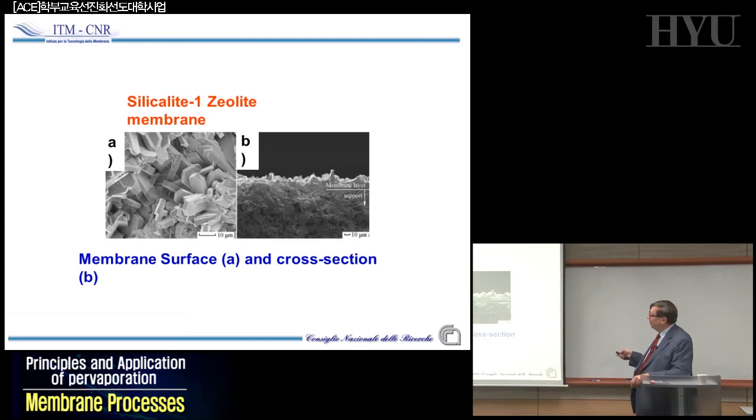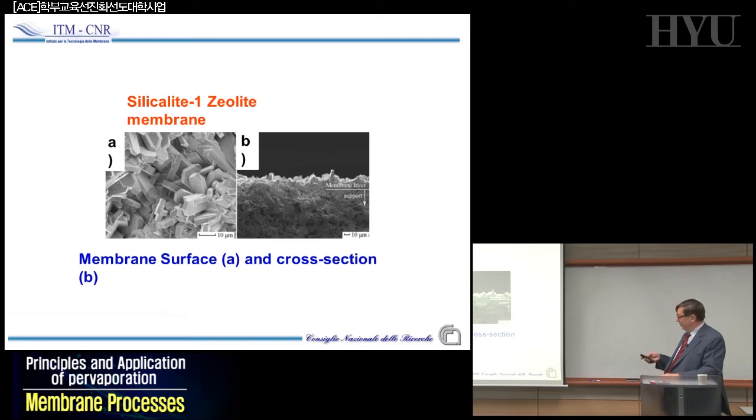The less regular ones you see here are about 5, 6 microns. There are 2 or 3, 4 microns quite dense, and on the surface there is a very high level of roughness. Obviously, some crystals are not, but this is an asymmetric system with most of the support very porous, and this kind of structure is inducing interesting selectivity, alcohol-water for example, to the point that you can buy a big plant from Mitsui Engineering.